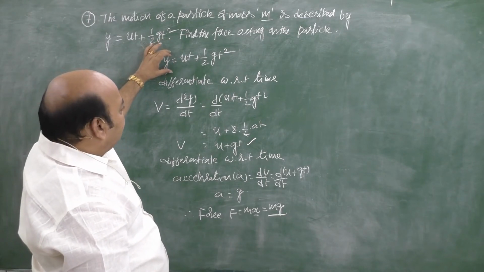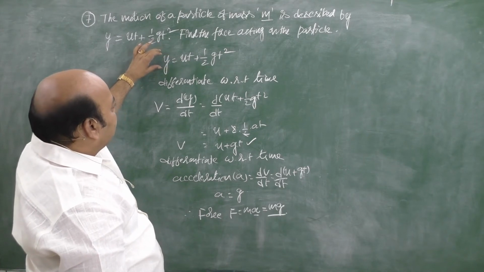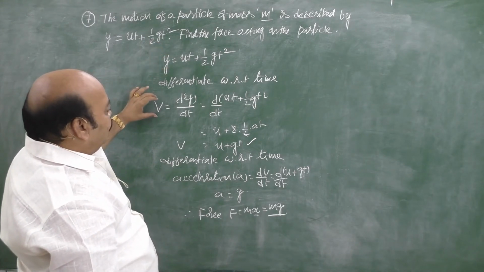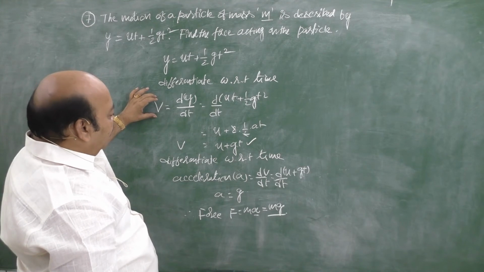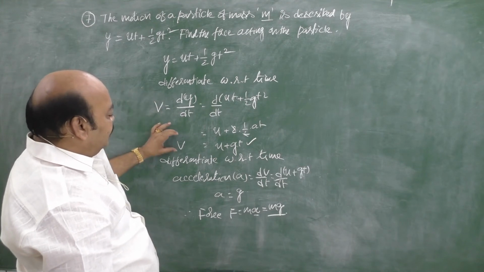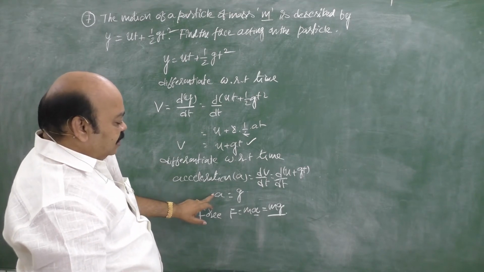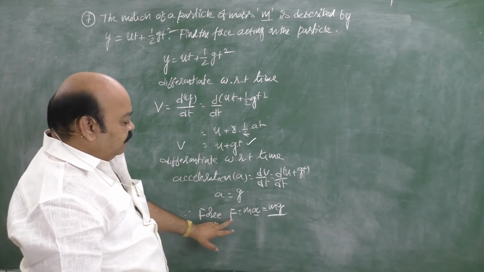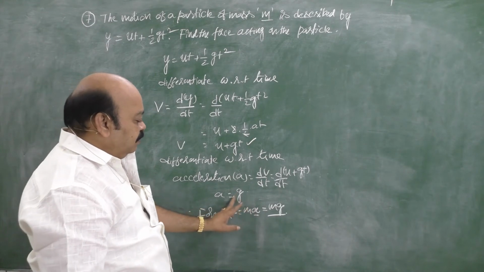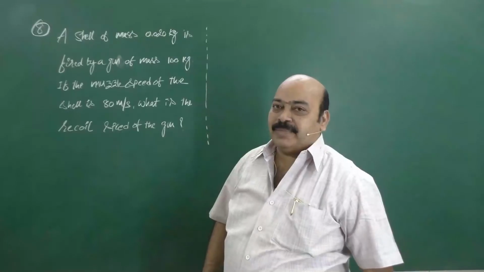Once we differentiate the displacement equation to obtain velocity, after this once again we differentiate to get the acceleration value. After getting acceleration, according to Newton's law, F is equal to ma. In the place of a, simply its value g was substituted.